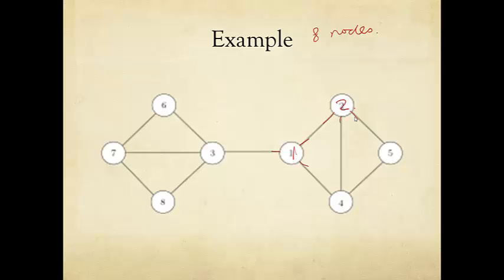In particular, this is like a dumbbell topology. The graph has a left side and a right side. Visually, I can see that this is an important link between the two, and node 1 is part of that link, whereas node 2 is not. So node 1 should be more important than node 2. So how do we quantify that notion? Clearly not by degree.